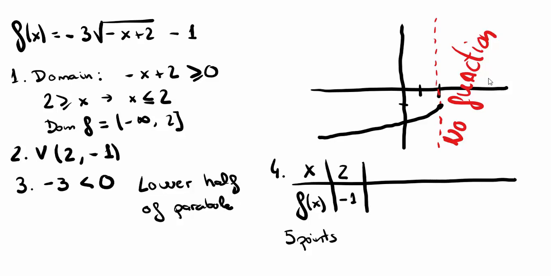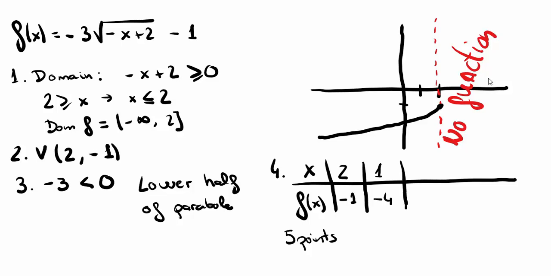Now, I have to give lower values. For example, I can give value 1. Why? Because minus 1 plus 2 is 1. This root I know how to calculate. Square root of 1 is 1, multiplied by minus 3 is minus 3, minus 1, minus 4.